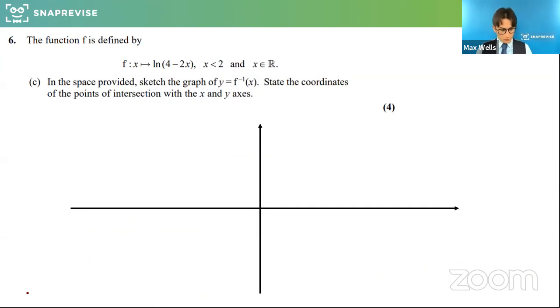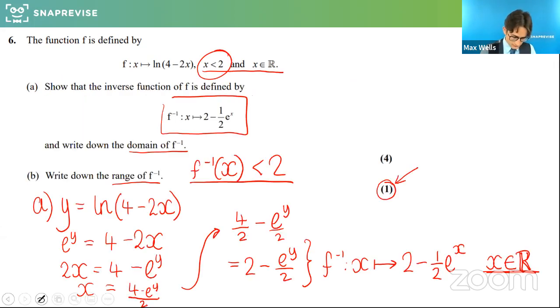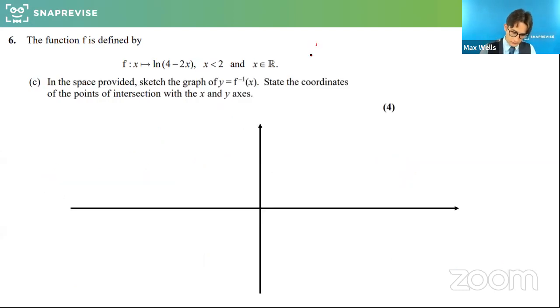So here is this same question, part C, asking us, in the space provided, sketch the graph of the inverse. State the coordinates of points of intersection with the axes. Let's just remind ourselves what the inverse was. It was 2 minus a half e to the x. I'm going to write it like this. Now what this looks like is it's got an asymptote at 2.